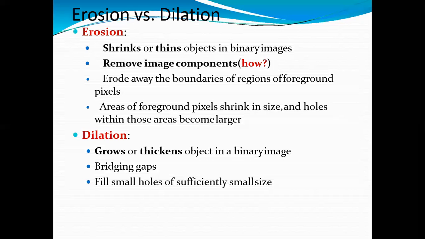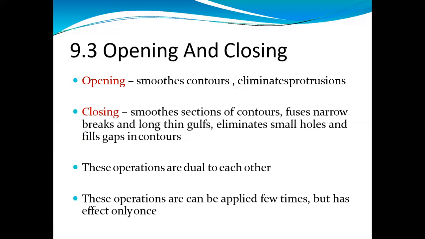Erosion shrinks or thins objects in binary images and removes image components. It erodes away the boundaries of regions of foreground pixels, so areas of foreground pixels shrink in size and holes within those areas become larger. Dilation grows or thickens objects in a binary image, bridging gaps and filling small holes of sufficiently small size.